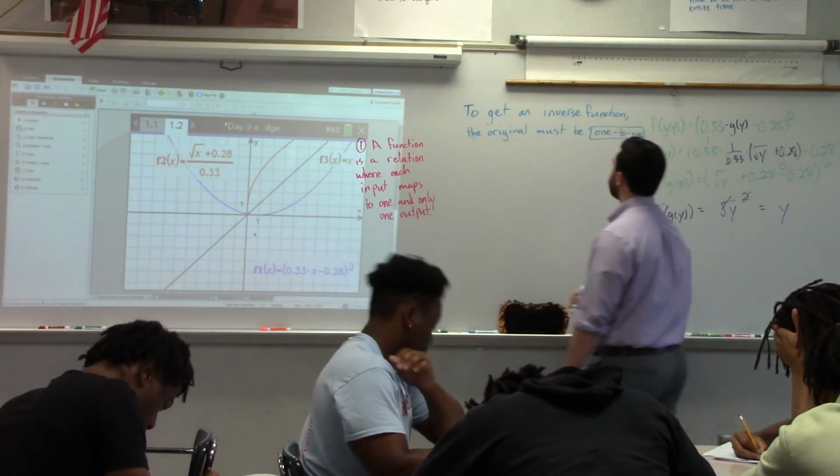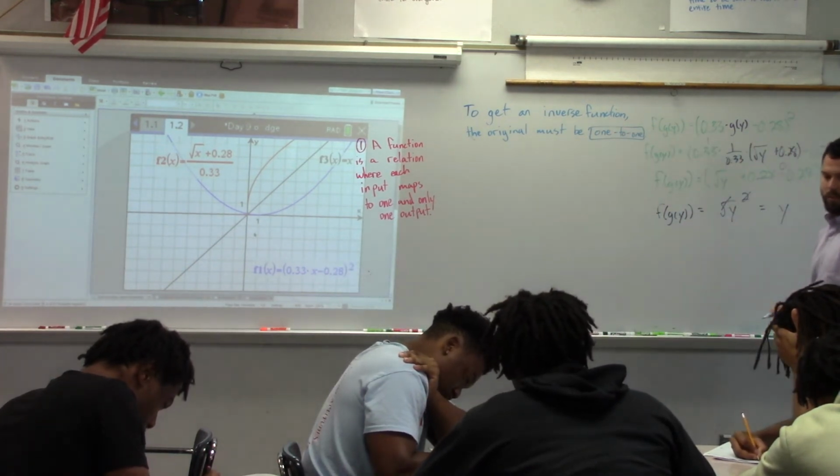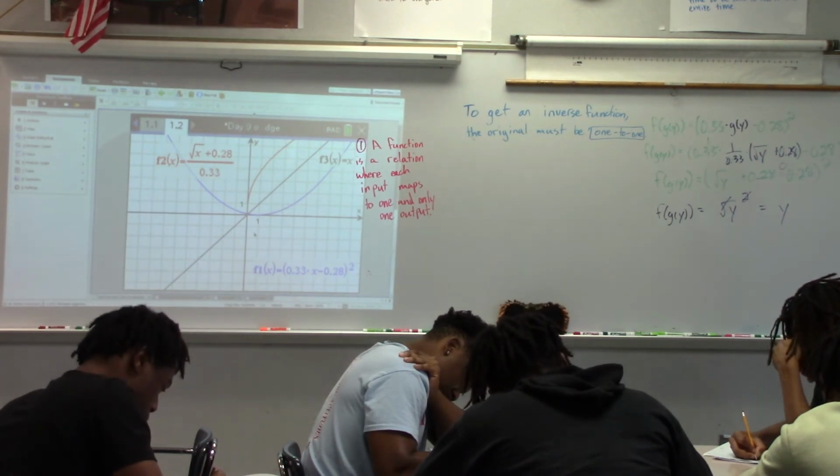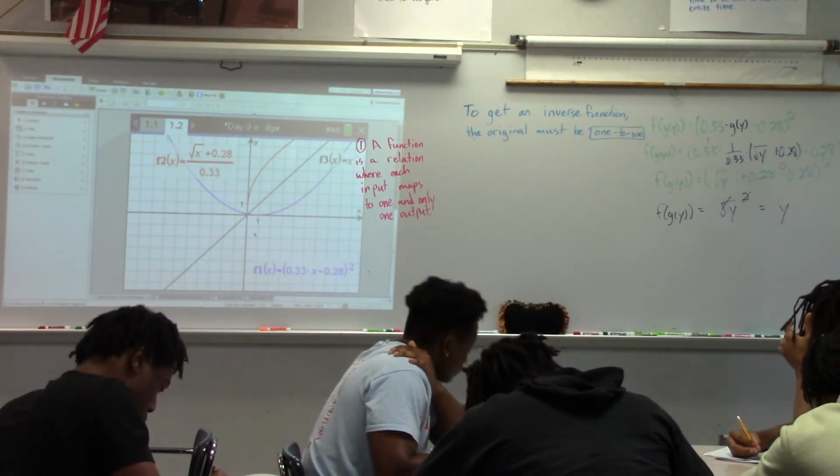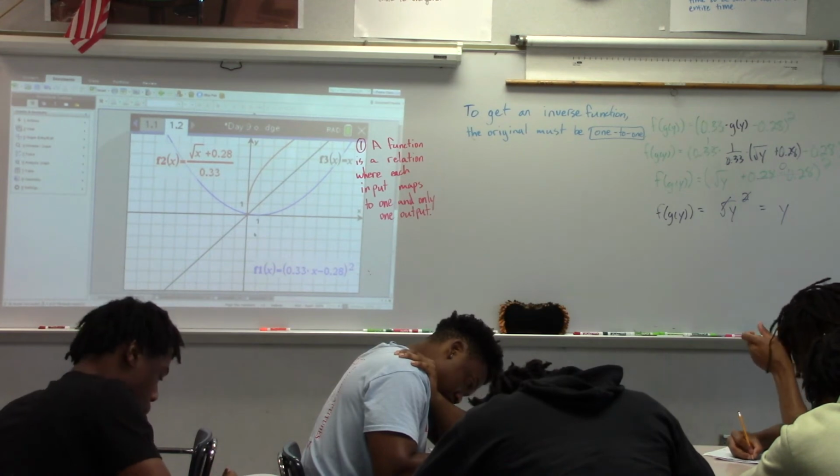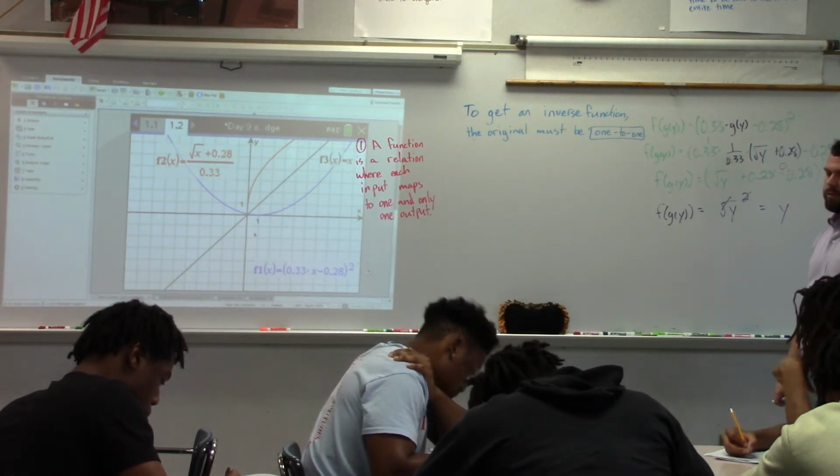That is actually a term on the Big Idea graphic organizer, so pay attention to that. So to get an inverse function, the original must be 1 to 1.